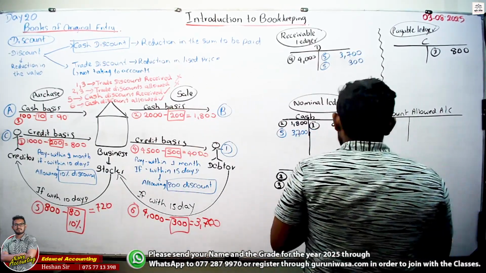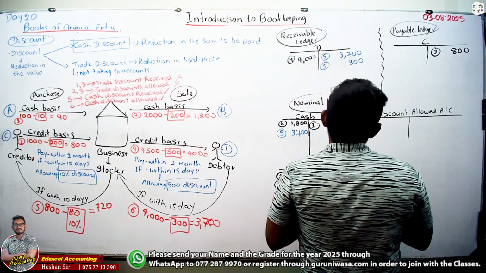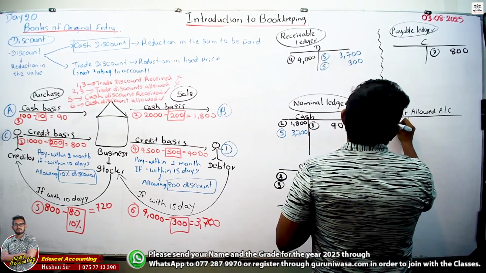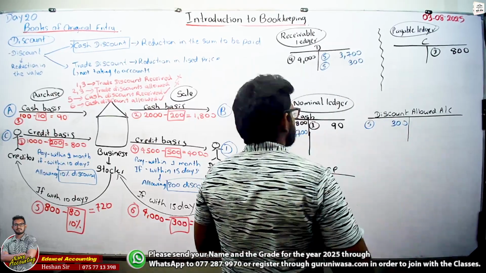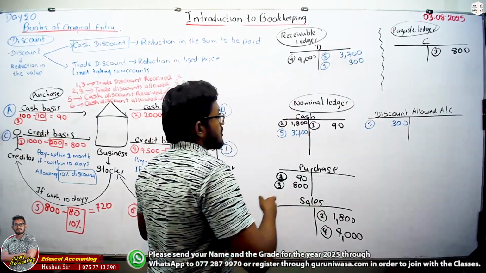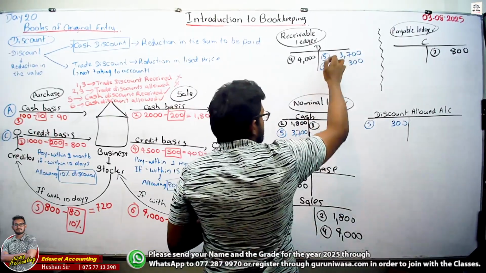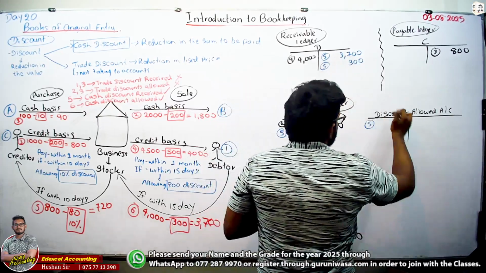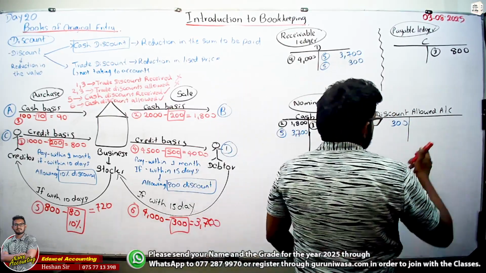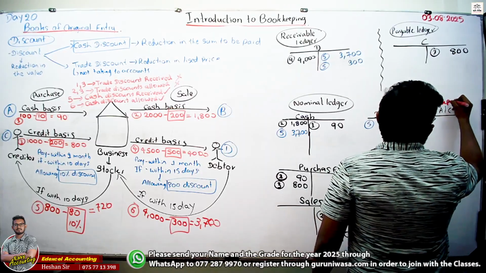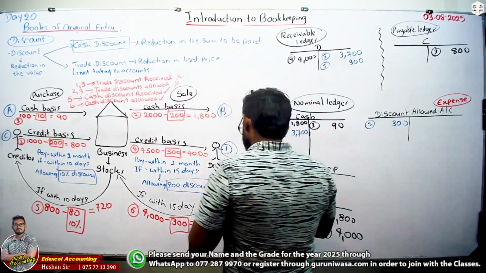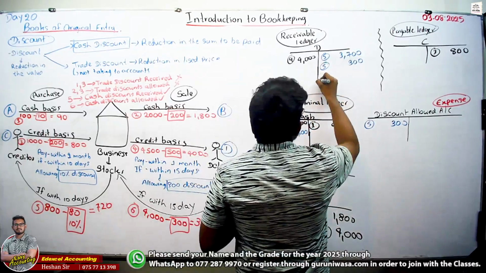So number 5, again, debit 300 in here. So you can see 3,700 we are receiving in cash, 300 we are allowing, this is an expense. Now if we balance it, there is no BCD or BBF.